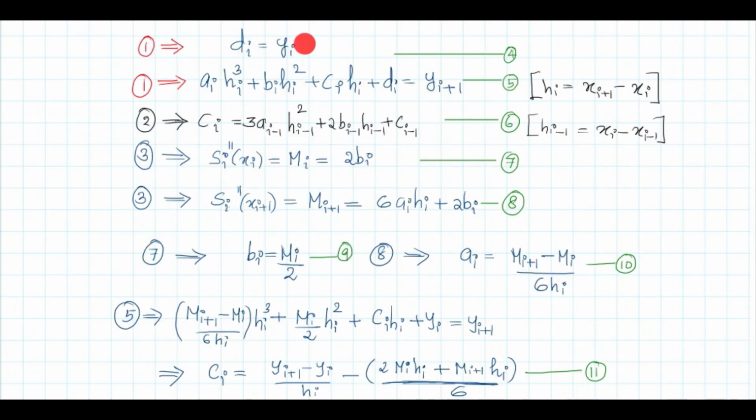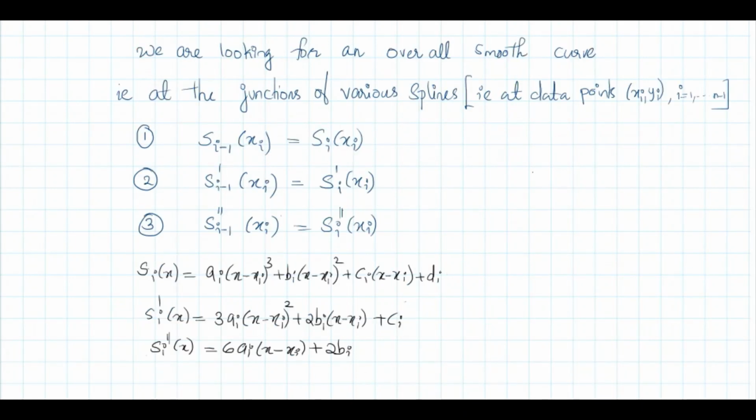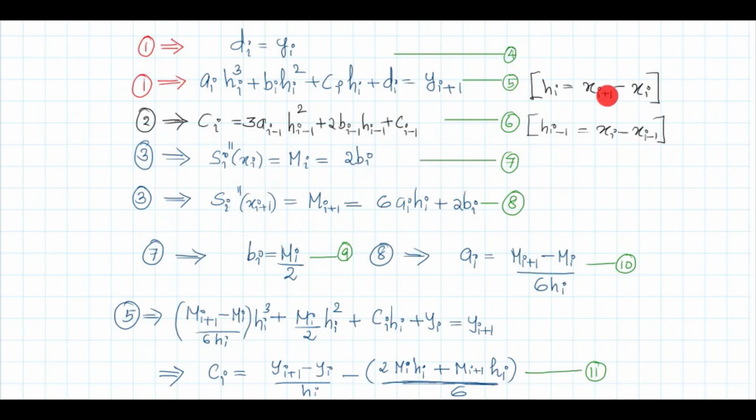That is the first condition. Then put x equal to xi plus 1 here, then you should get yi plus 1. That is the second condition. But here for xi plus 1 minus xi, I substituted hi. So xi minus xi minus 1 should be hi minus 1 and so on. The difference between adjacent x values I denoted as h.